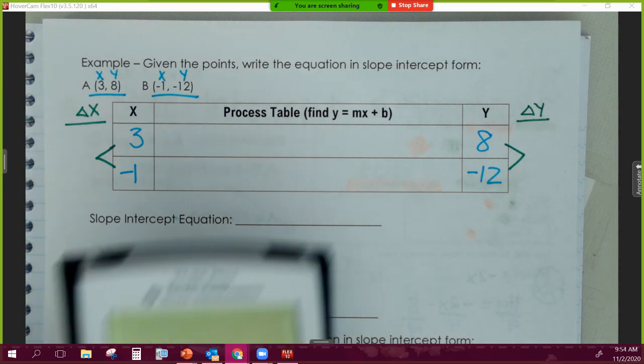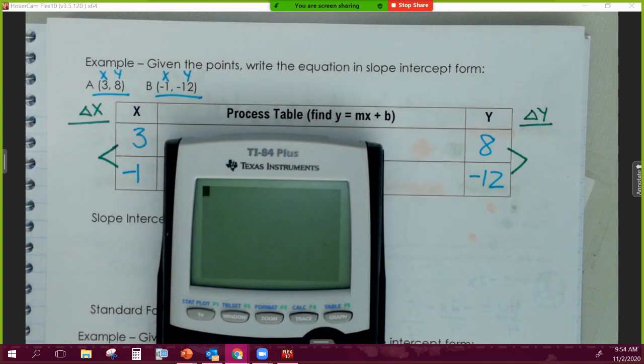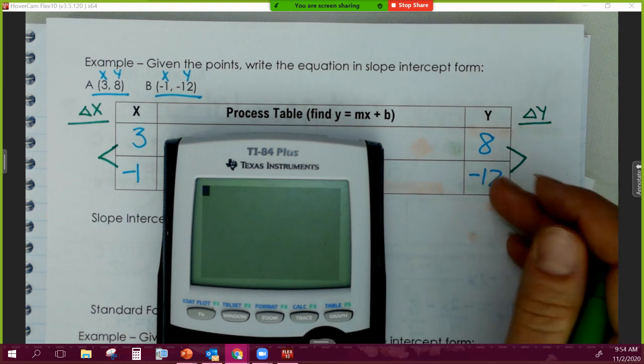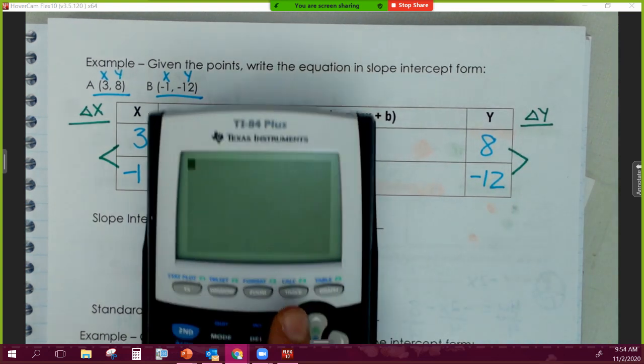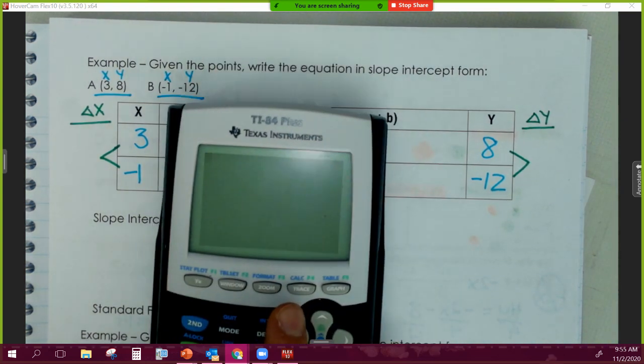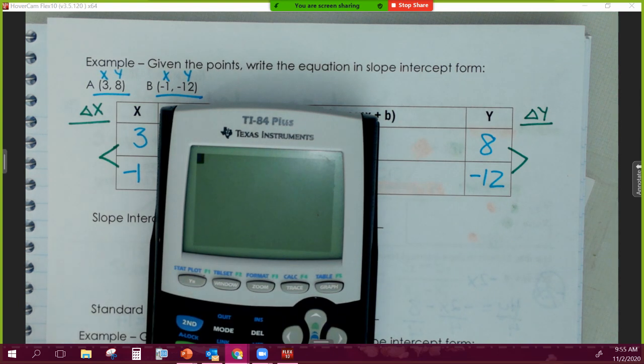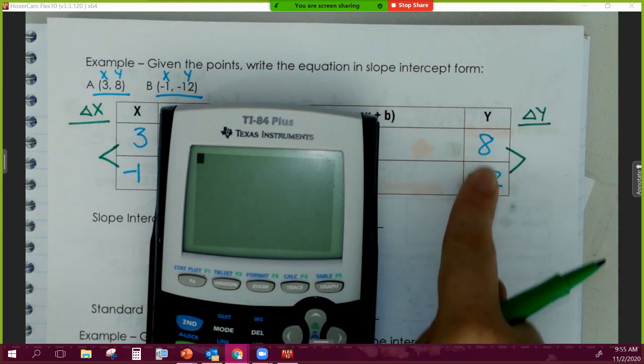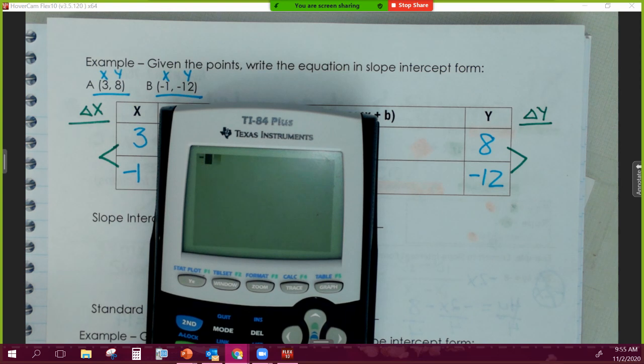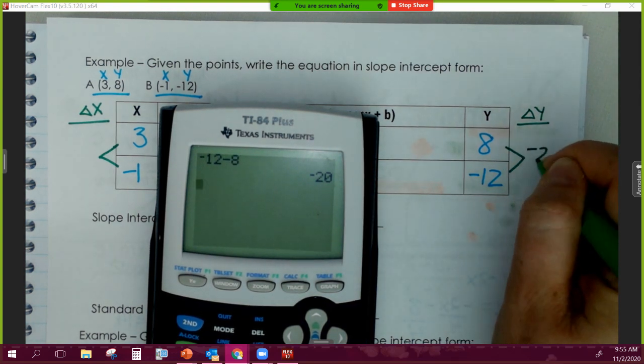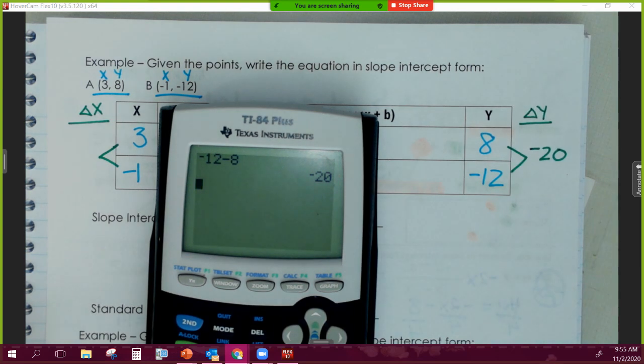First of all, are you adding or subtracting? Subtracting, because we're decreasing. And then you ask yourself, how much? If you can't do that in your head, just subtract these. Negative 12 minus 8 gives you negative 20. So that's what you're subtracting.